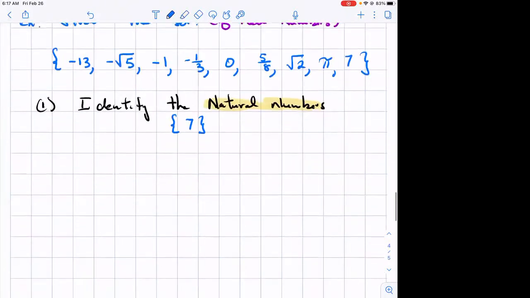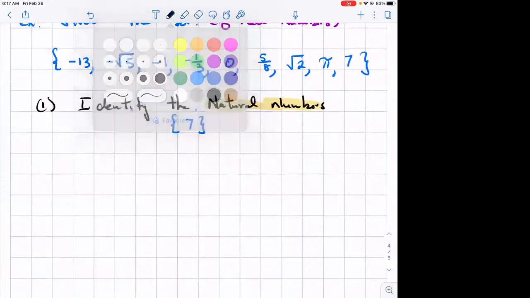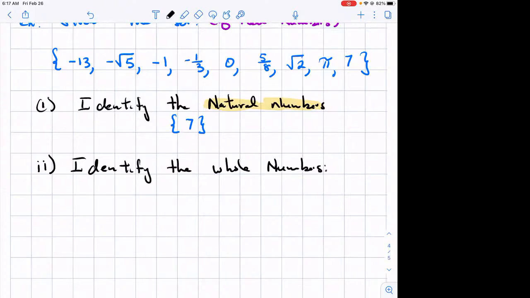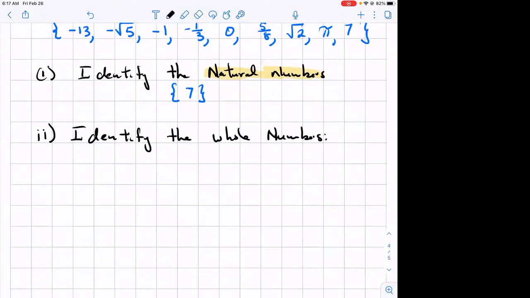How about if I ask you to identify the whole numbers? Well, whole numbers are counting numbers, but they include 0. Or it's the same as the set of natural numbers, but it includes 0.